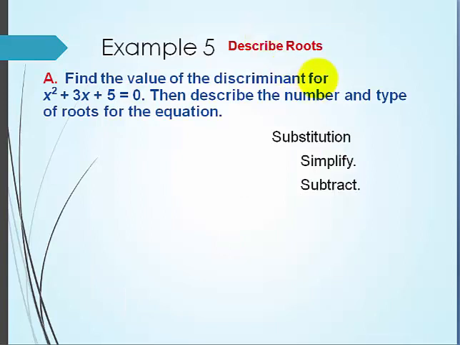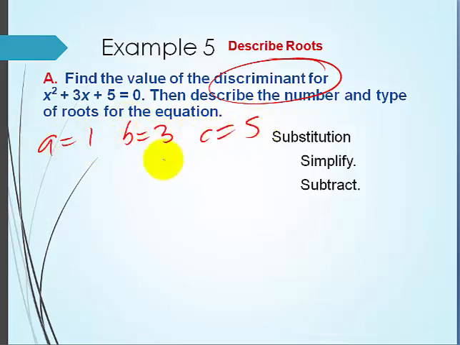So it says use the value of the discriminant to describe the number and type of roots. So my a value here is going to be 1, b is equal to 3, and c is equal to 5. I'm going to plug that into my discriminant formula. So this is another formula that you have to know, even though it's derived from the quadratic formula, it does have a different name.